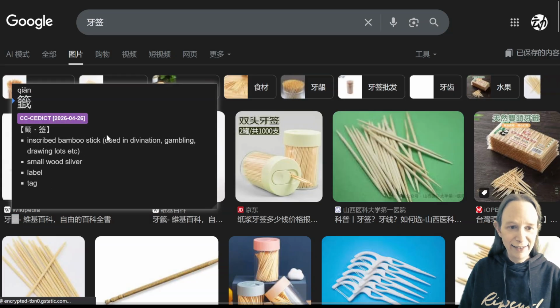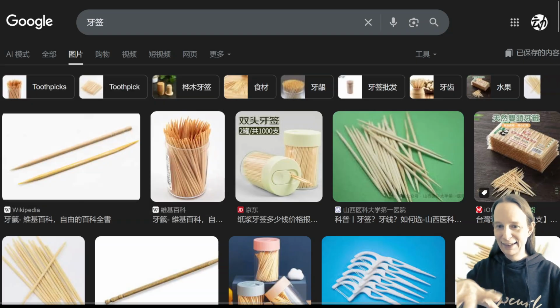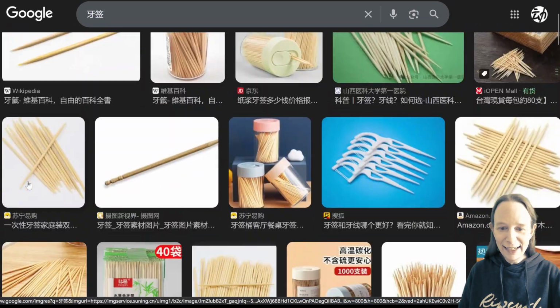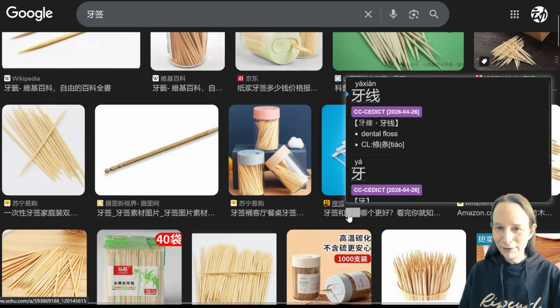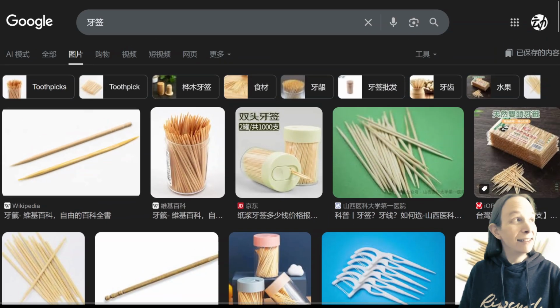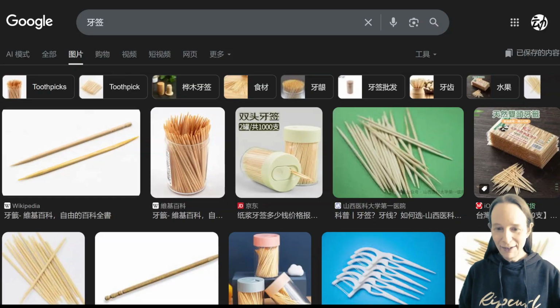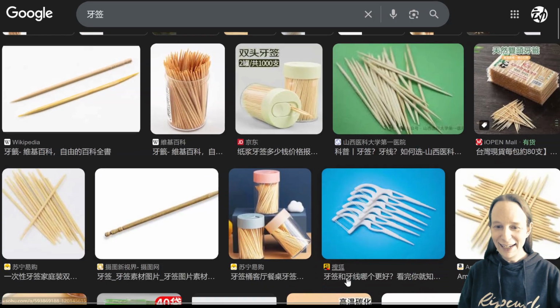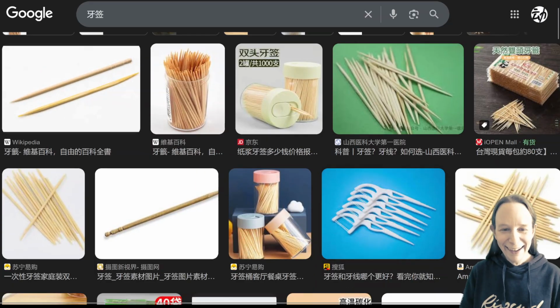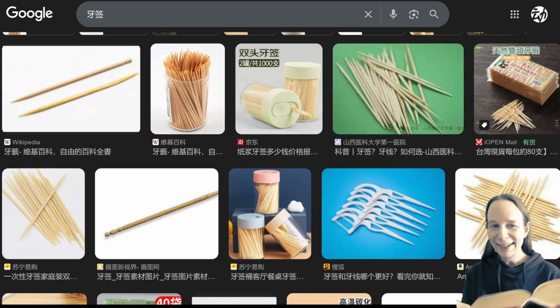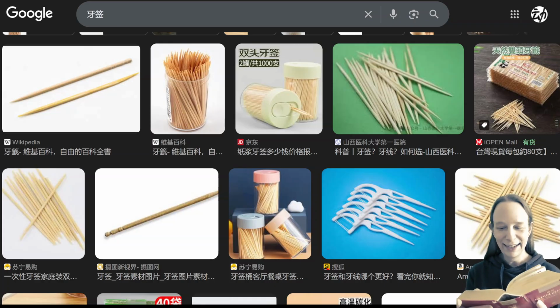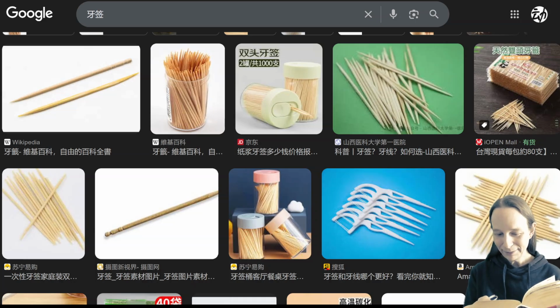So this 签 here is something in that ballpark, right? Toothpick. 牙签, 牙线, dental floss. Dental string. No, it's 线. Maybe it's dental line. 牙签, I have encountered it, but it doesn't come up very often in real life.